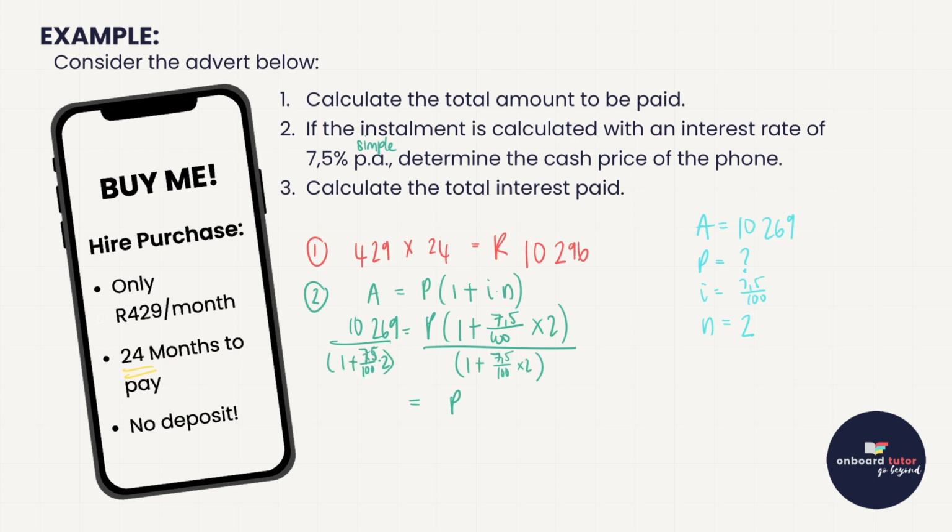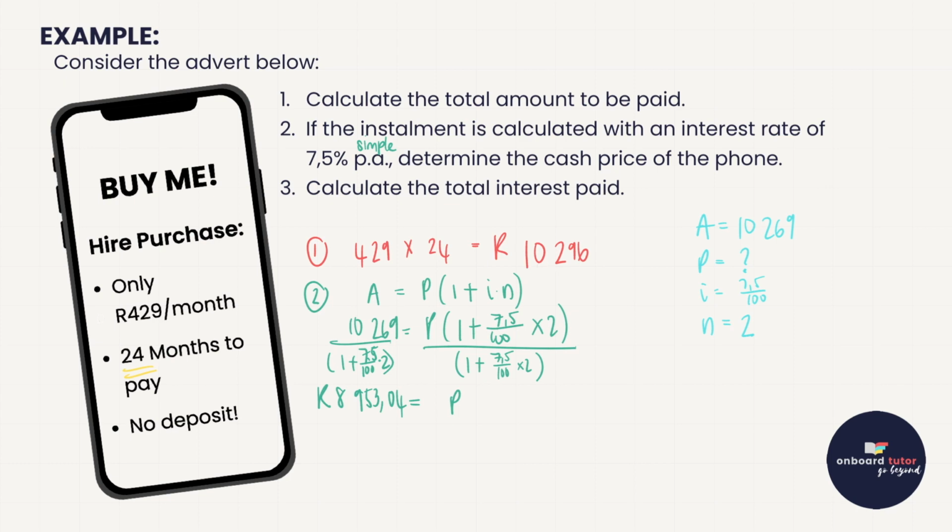So on the calculator, 10,296 divided by brackets 1 plus 7.5 over 100 times 2, and we get an answer in rands of 8,953 and 4 cents.